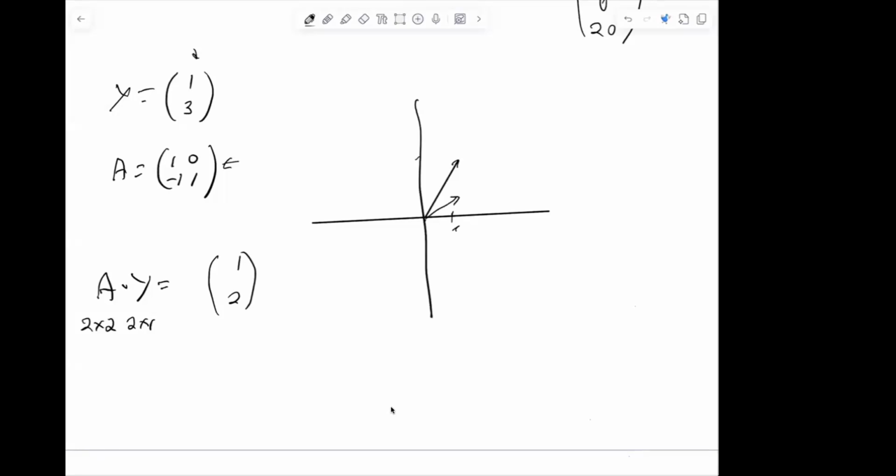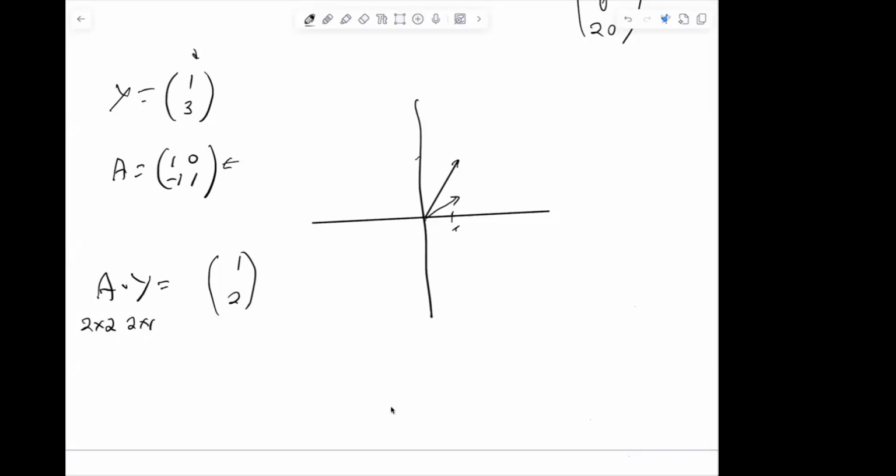So what this matrix did is actually two things. It rotated the vector and it changed its length. Am I correct? And obviously, that's the general thing that would happen when you take a vector of two components and multiply it by a matrix. The most general thing that can happen is that it would change its length and change its angle.